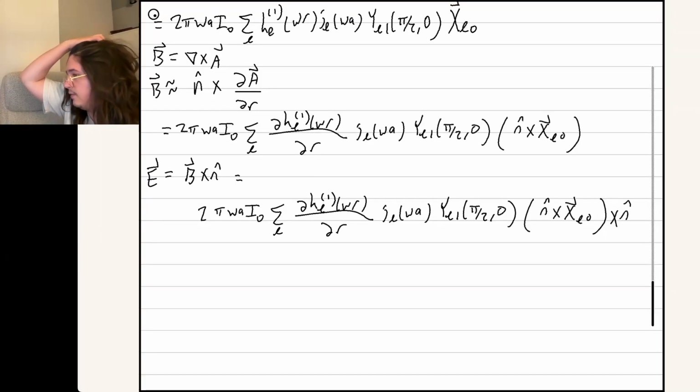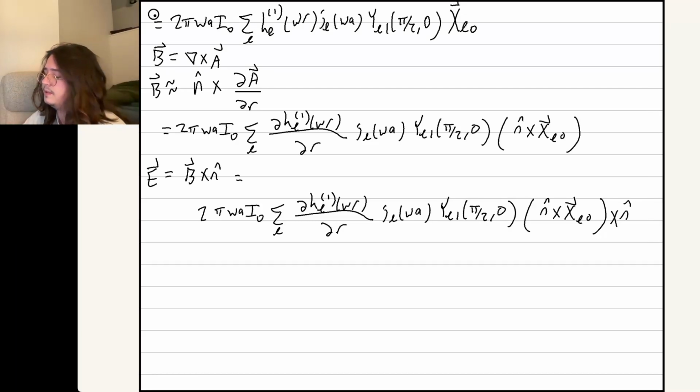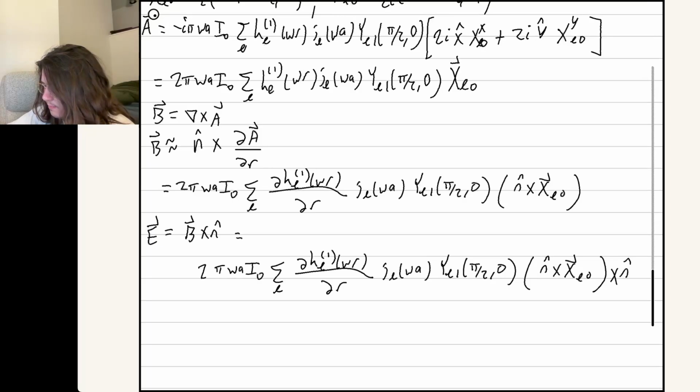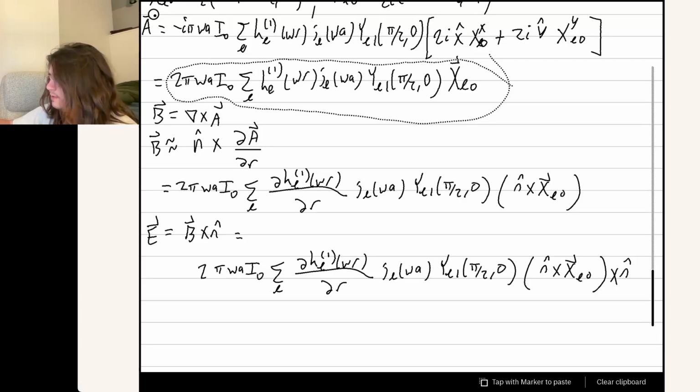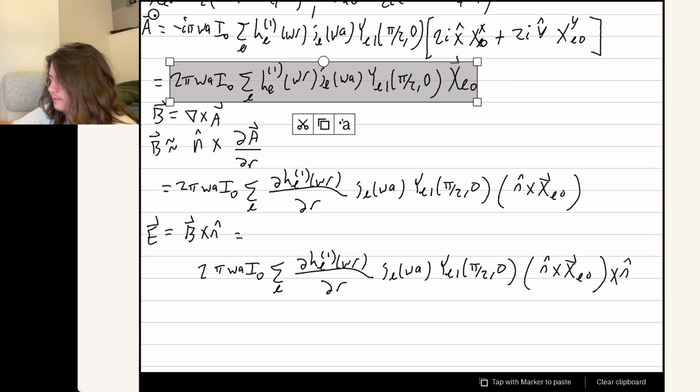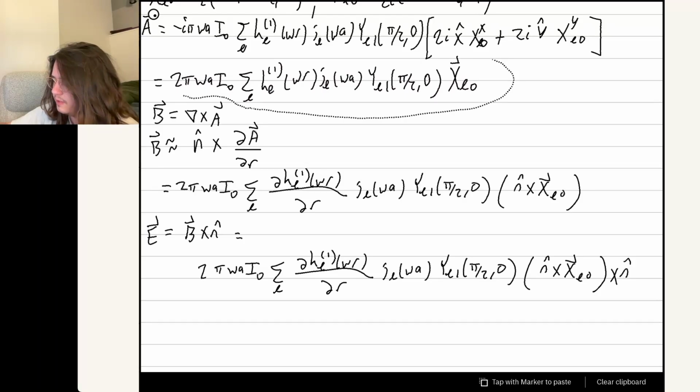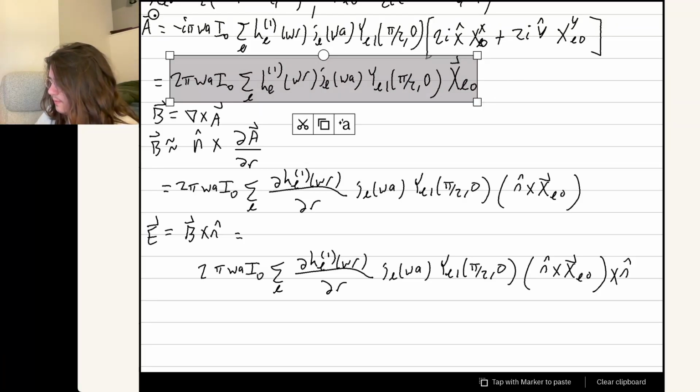Then the question also asks, what is the lowest non-vanishing multipole in the near zone? So I'm going to grab my expression for the vector potential because, again, this was gotten without taking any approximations to the size of ωa.